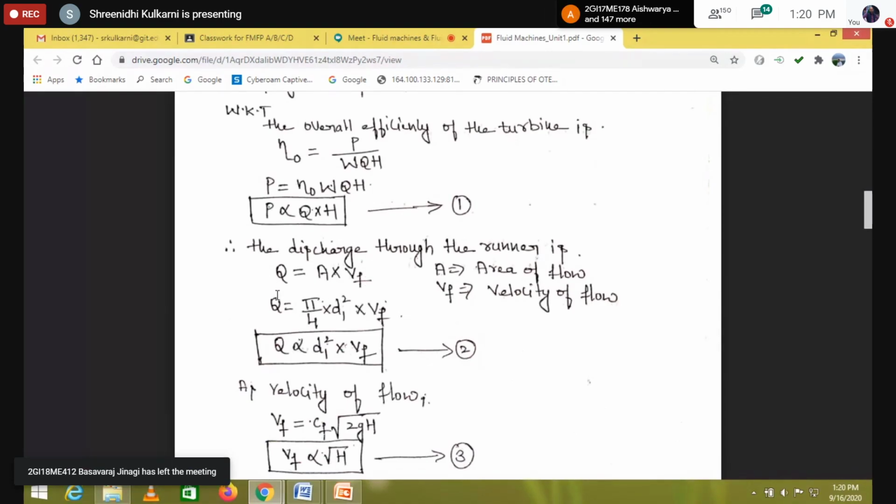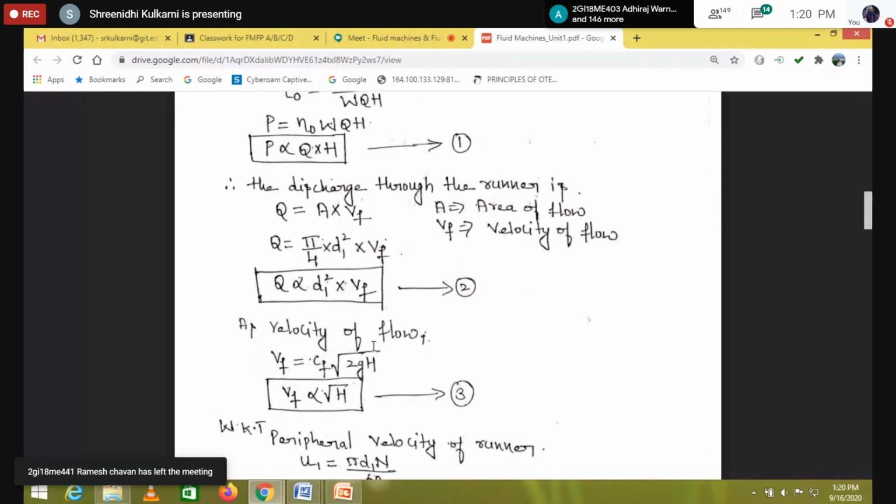Next, for this Q, we can write Q is directly proportional to diameter. Diameter again is varying, it is not a constant, and even the velocity of the flow is also varying. So that's why Q is directly proportional to d into velocity.